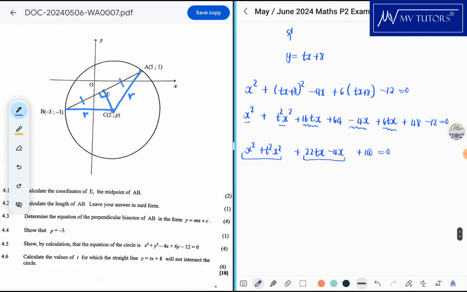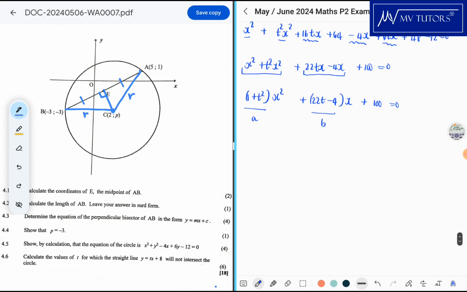So let me write it properly again. I have (1 plus t squared) x squared, so that's basically my a. Plus (22t minus 4)x, okay, so that is my b. And then plus 100, which is my c.